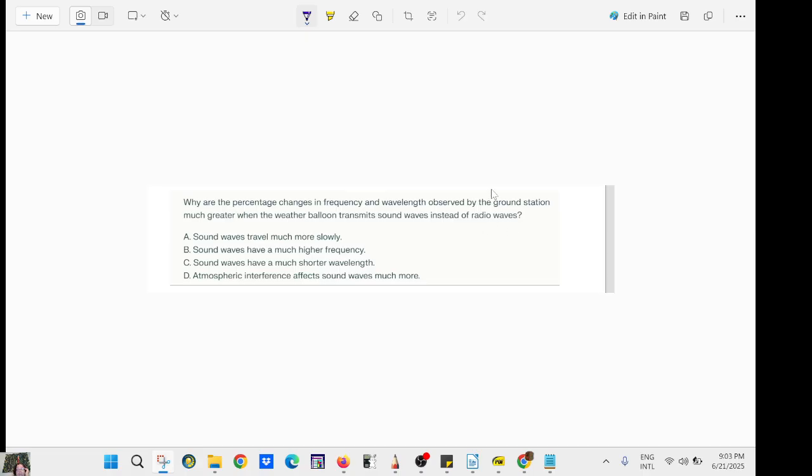The relative shift in wavelength depends on the speed of the observer or the source relative to the speed of sound. The speed of sound is 340 meters per second, so it's not that hard to detect.